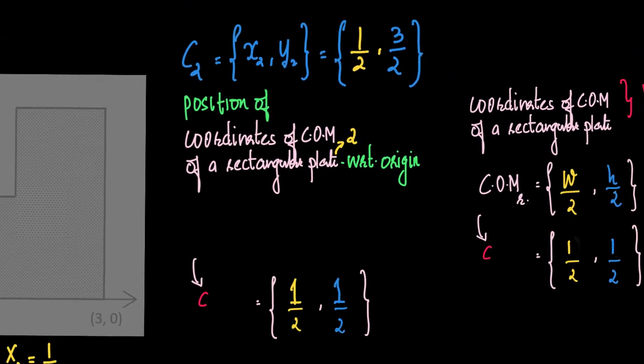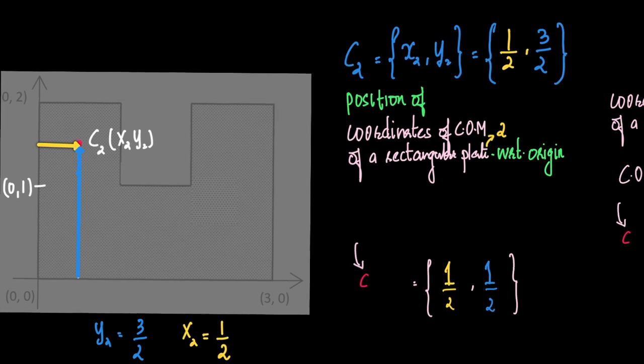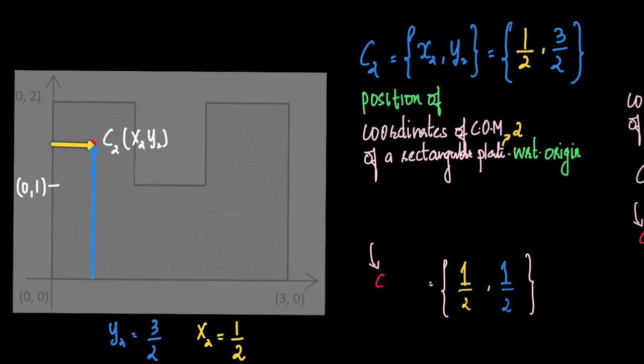So now we will have to place the same figure and then find out the coordinates. So now we have C2, which is the center of mass of this rectangle with respect to the origin, the coordinates being x2 comma y2. And how do you find out x2 comma y2? You'll have to find out x2 by looking at this distance. Let us name that distance OA.